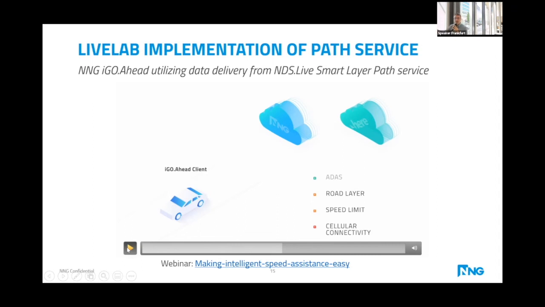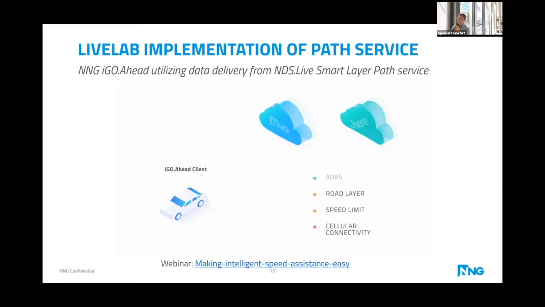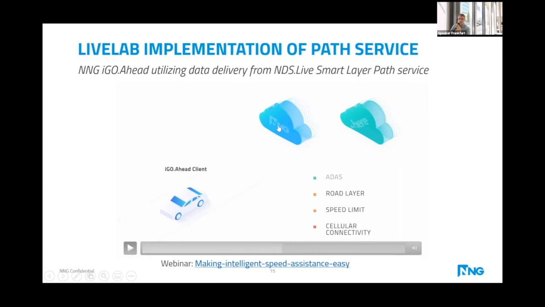This is actually the NDS.Live vehicle pose application service interface. And the magic is done in the NNG cloud, where we already have the published NDS.Live data layers from HERE. We do the map matching there based on the road layer and some other information. And then the horizon is also calculated there. And then we are fetching.